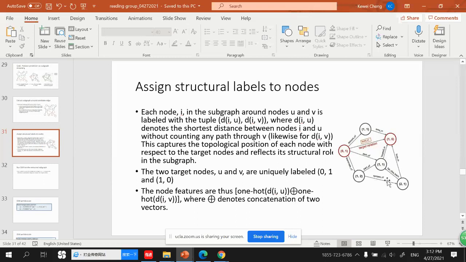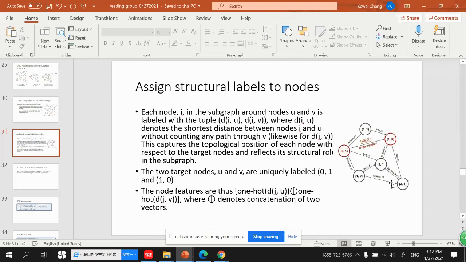By applying this relation-specific matrix, we can transform the original features of the node into another space, and this space has already included the relation-specific information, right? Mm-hmm. Yes.